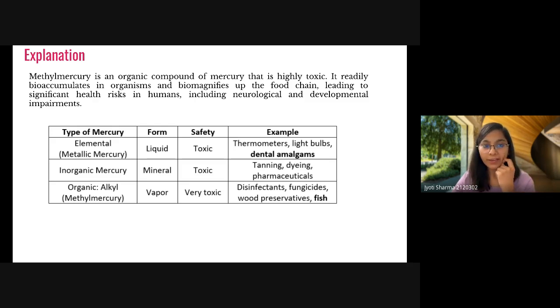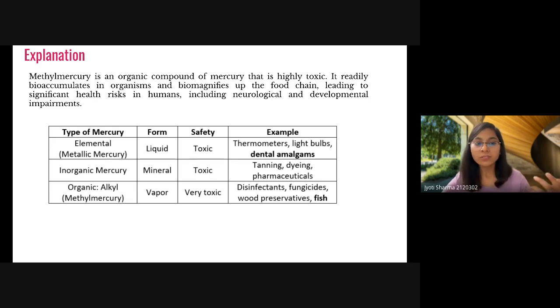But if we do have inorganic mercury, this will be in mineral form, and a lot of material can be synthesized using that inorganic mercury, for different processes, for example, tanning, dyeing, and pharmaceuticals. But if we do have the organic mercury, for example, methyl mercury, this is in vapor form, right? This is very important. Methyl mercury is in vapor form, and this is very toxic because this vapor we can inhale, right? And this methyl mercury we are using in disinfectant, in fungicide, in wood preservatives.